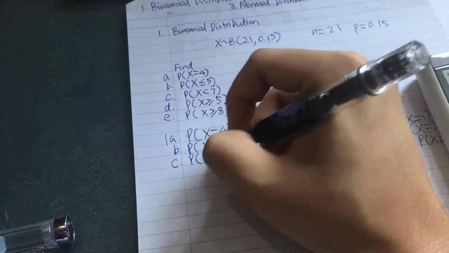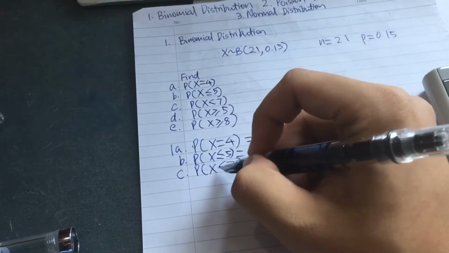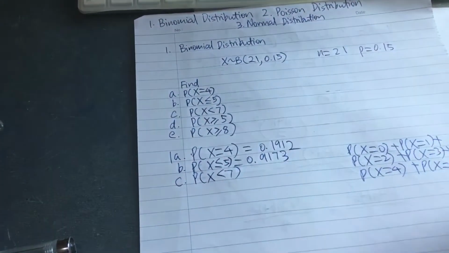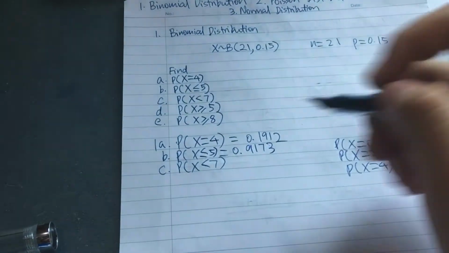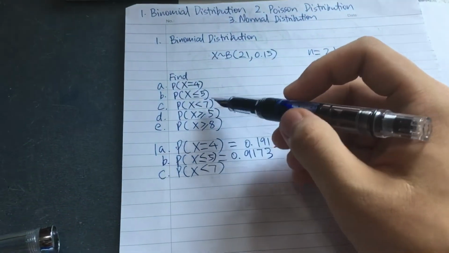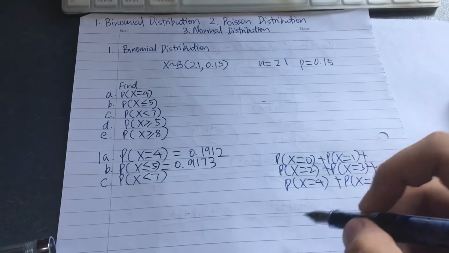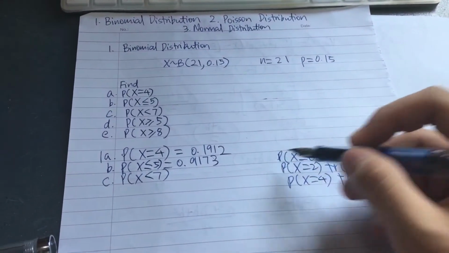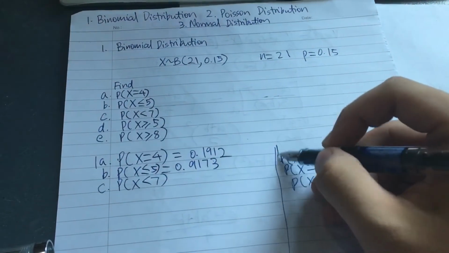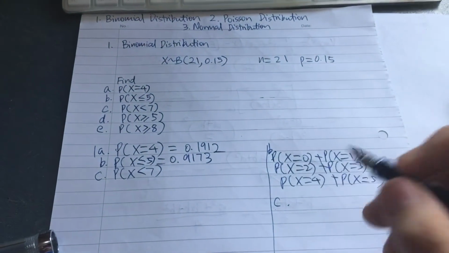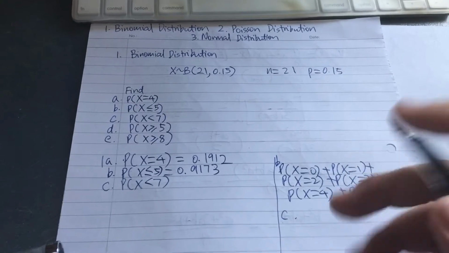Now notice that I did not put the equal sign for part C, so it's just x less than 7. So in other words, I want to find the probability of x taking on all values less than 7. Now remember that for a discrete random variable, x less than 7 means you don't want to include 7, so you want all values less than 7.